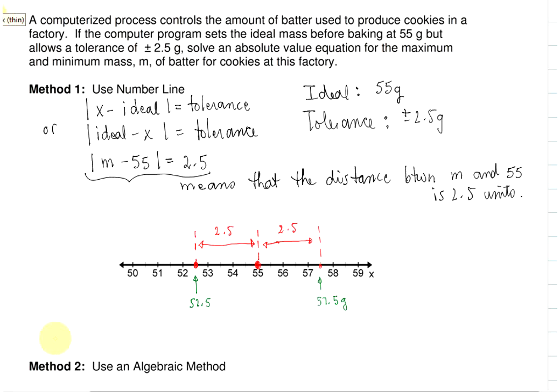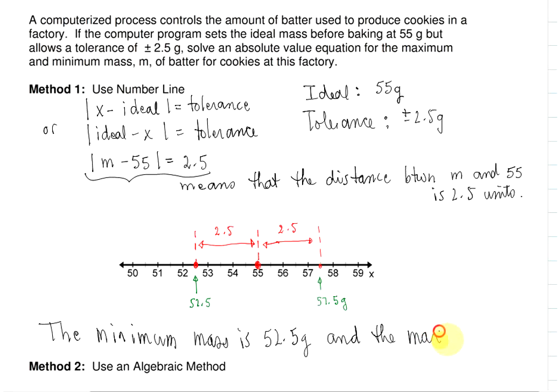So we write a sentence, we say that the minimum mass is 52.5 grams and the maximum mass is 57.5 grams.